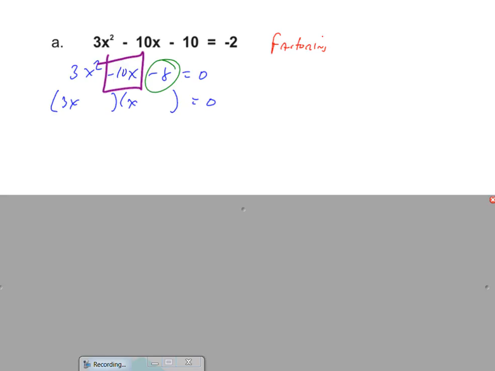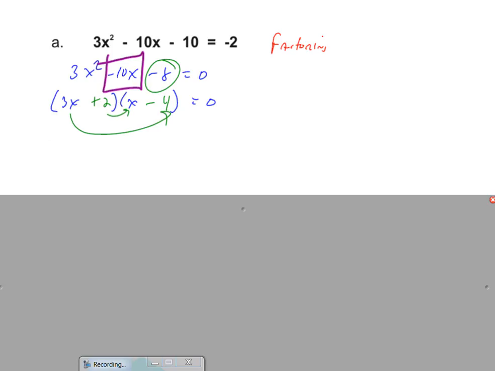Oh, I see it already. How about a 4 here gives me a 12, right? And the 2 here is going to give me a 2. A 12 and a 2 can give me a 10, right? But again, I'm looking at my middle, and my middle needs to be negative. So I know I want the 12 to be negative and the 2 to be positive. That's going to give me my -10 in the middle. And factoring, that should be your thought process.